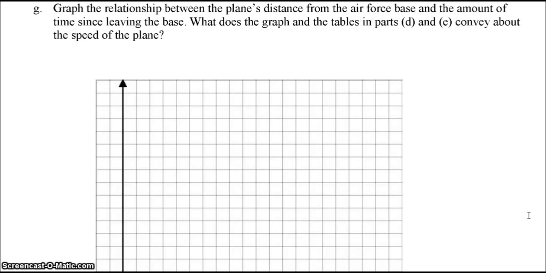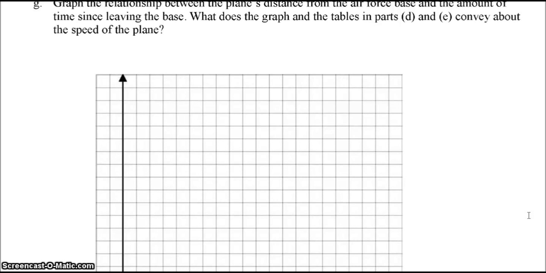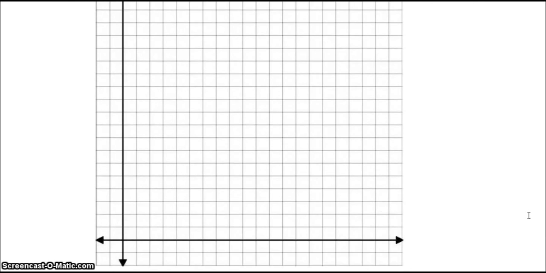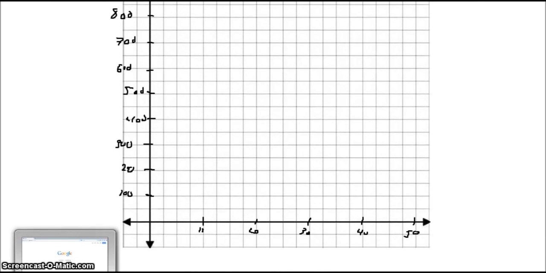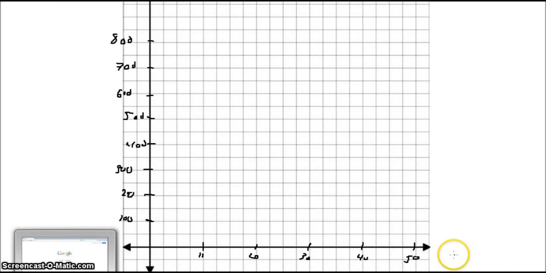Graph the relationship between the plane's distance from the Air Force Base and the amount of time since leaving the base. What does the graph and the tables in part D and E convey about the speed of the plane? So I went ahead and set up my graph. This is time, and the vertical axis represents distance.